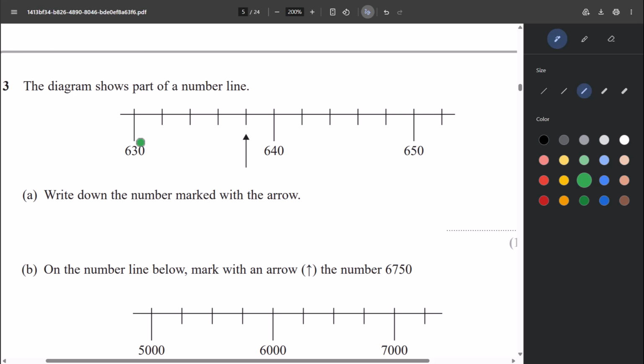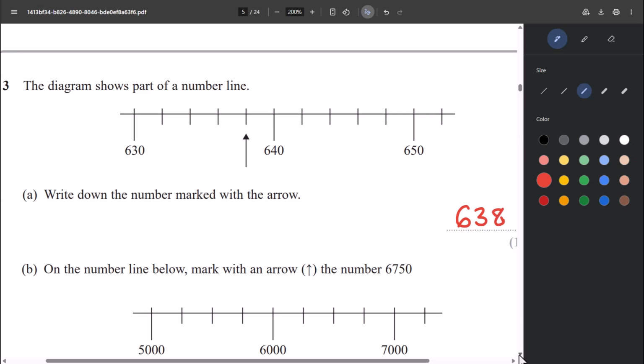If you look on the scale, you've got 630 on the left side and 640 on the right side, and this number in between them. If you look carefully, if this is 630, this is 632, 634, 636, 638. That will be where the arrow is pointing: 638.